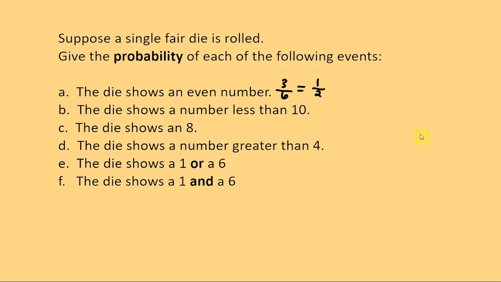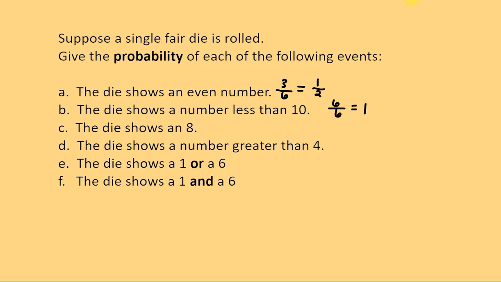The die shows a number less than 10. Well, there are 6 sides on a die, 1, 2, 3, 4, 5, and 6. All of those are less than 10 out of a total possible 6 sides. 6 out of 6 equals 1. So that is a certain event.